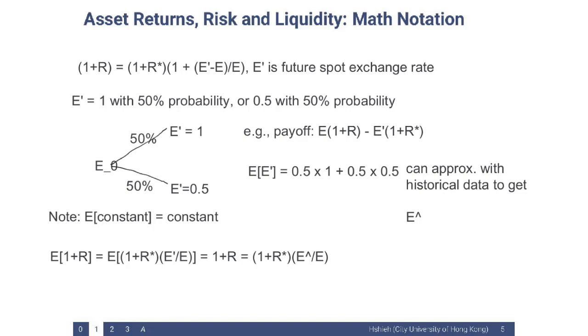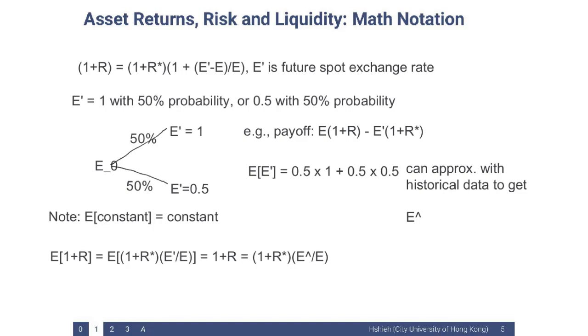It's some number that's fixed, no matter which scenario of the world it's going to be. So in this case, 50% up, 50% down. Well, the constant is going to be the same value either way. So you take the weighted average between 50% of a constant plus 50% of a constant, it is still the constant. So if I take expected value of a 1 plus r, it just gives me 1 plus r. So another way of saying that is you can take constants out of the expected value because it's linear.